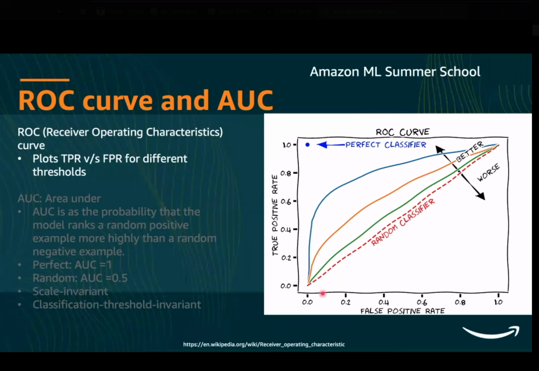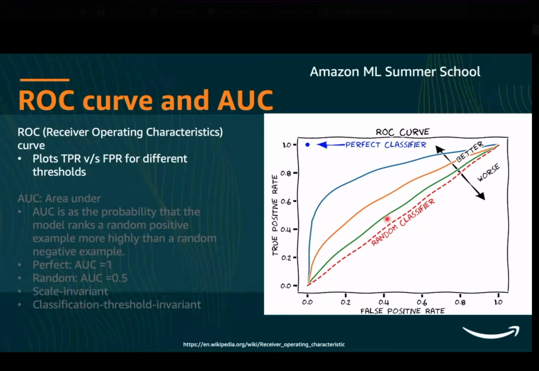The diagonal line divides the plane into two parts. This diagonal line is associated with a random classifier. Random means you toss a coin and randomly provide the output for a given problem, so you get this line. Anything above this random classifier is good.